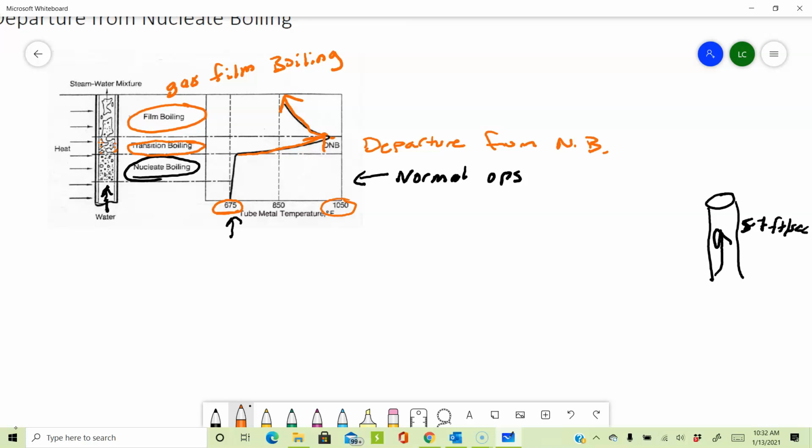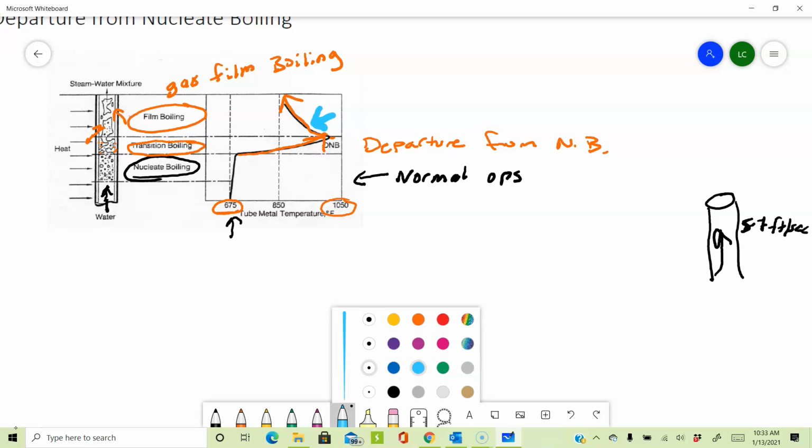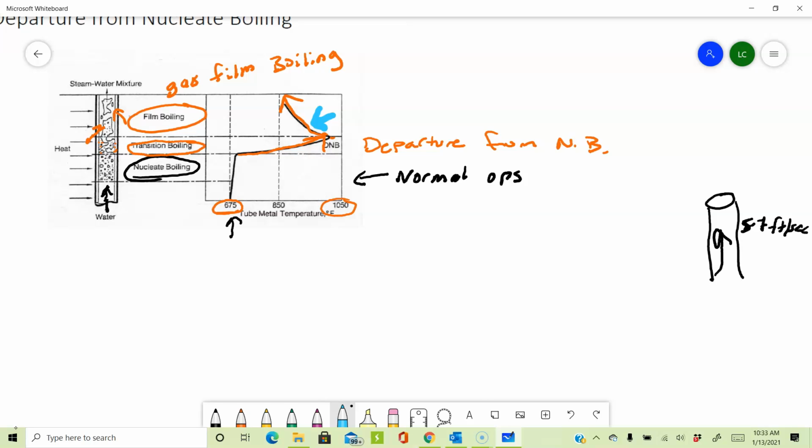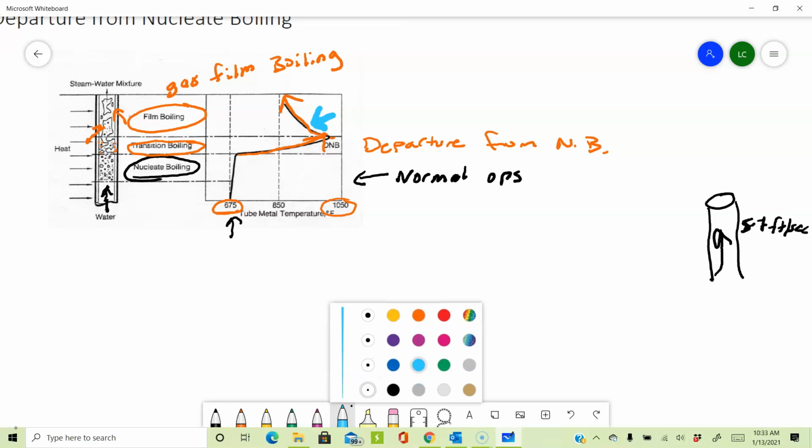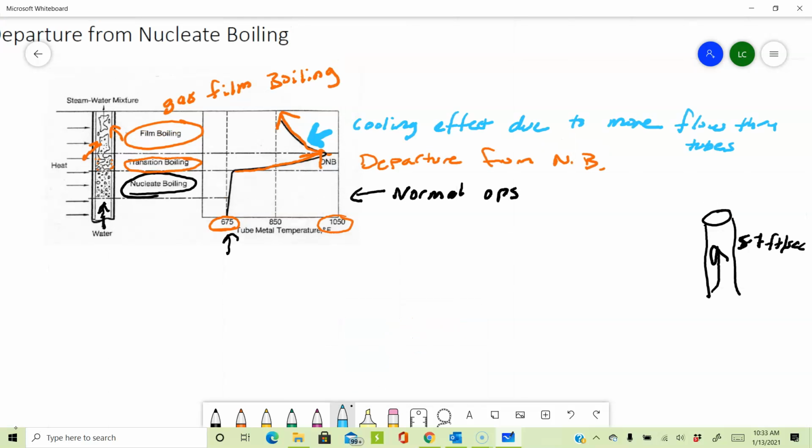This is when the boiling of the water is only happening on the sides of the tubes. And when that happens, you'll see that we have a drop in temperature. That's only temporary. And that drop is occurring because the water is flowing faster, since it's boiling and we're creating more flow through those tubes, so we get this cooling effect, but that's only temporary.